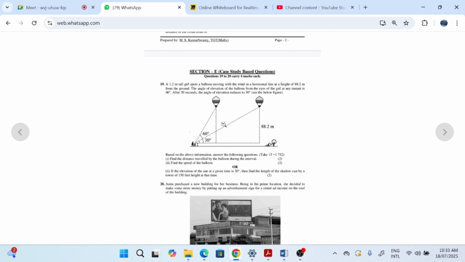Anthony, what is the speed? Ma'am, I'm doing the second one. I got 3.9. Ma'am, I got 3.34. That's correct, even I got 3.34. Good. So I think almost everybody got the 19th answer.